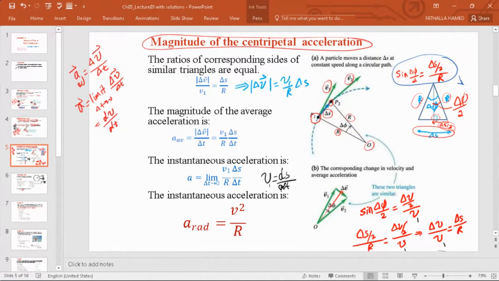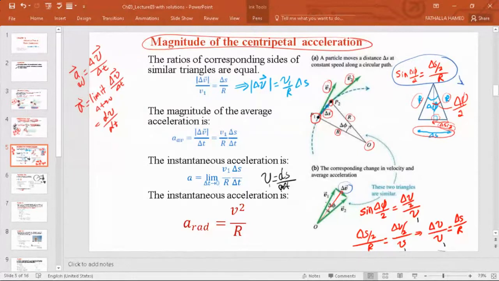Now, I can do the same thing with V1 and V2. I can take the difference between both of them, and that's what we're doing here. We're connecting them tail to tail, and that will give me delta V here. Now, if you're moving through an angle delta phi to move from position 1 to position 2, it is the same angle between V1 and V2.